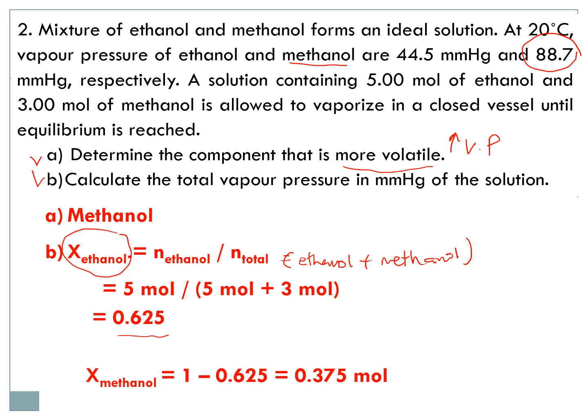Now we can calculate the mole fraction of methanol, which is 1 minus 0.625 equals 0.375. Always remember the mole fraction of ethanol plus the mole fraction of methanol must equal 1.